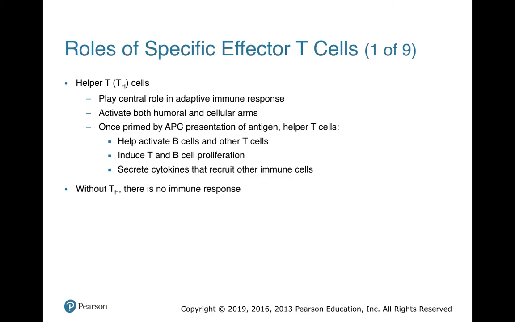They're primed by antigen-presenting cells, and they become helper T cells. They activate B cells and other T cells, cause proliferation in T and B cells, and they secrete cytokines that recruit other immune cells. Without T helper cells, we do not get a good immune response.